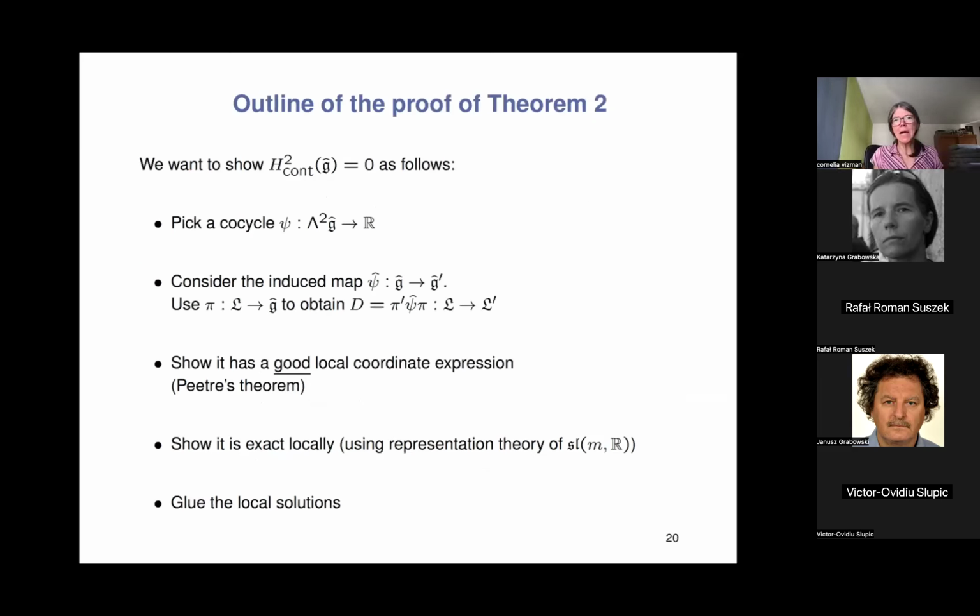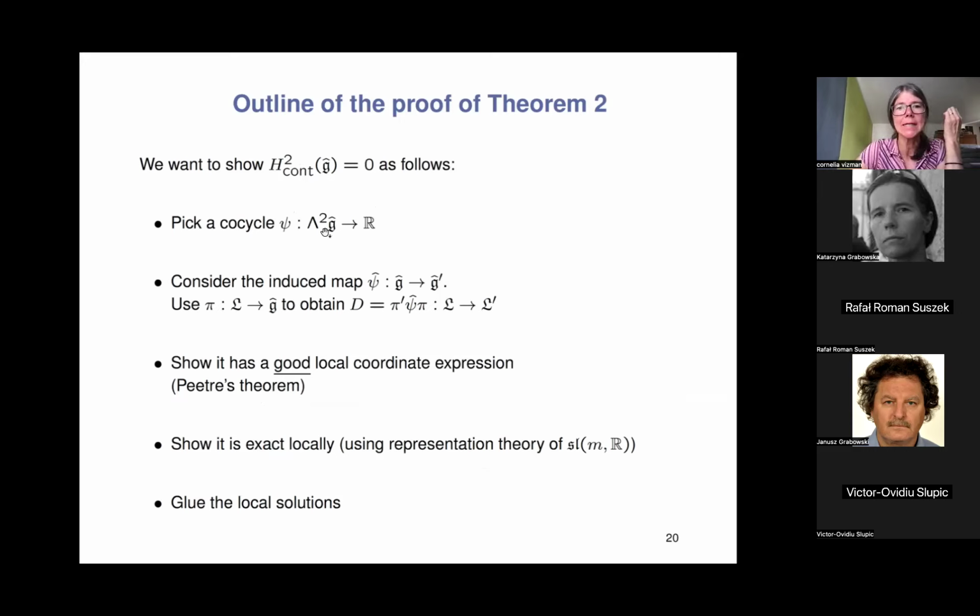So that is the outline of theorem 2, and I'm almost done. Now G hat is this quotient, the Lie algebra that is the candidate for a universal central extension.